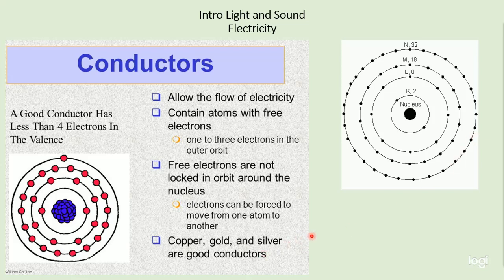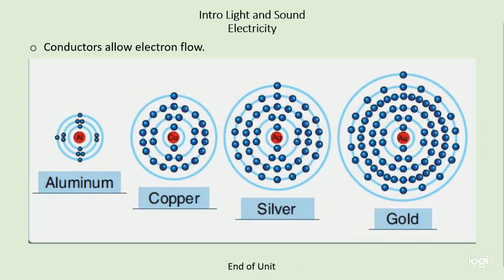You already know of things that are good conductors: copper, gold, silver. Most metals are good conductors of electricity and allow it to flow. These free electrons are not locked into this orbit around the nucleus and can be forced to move from atom to atom.